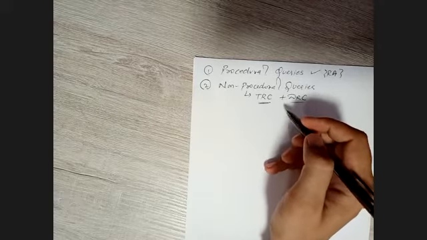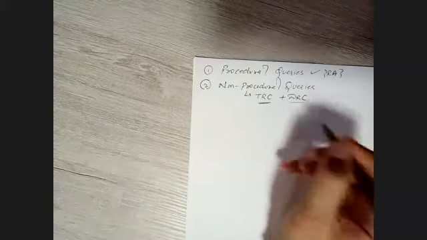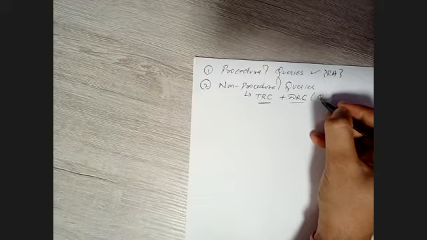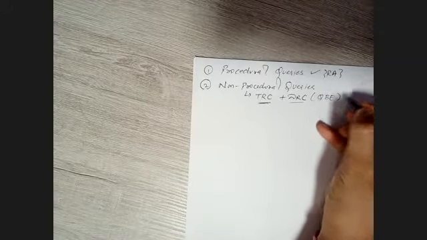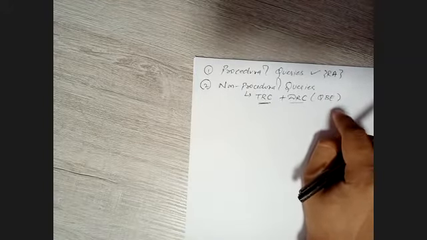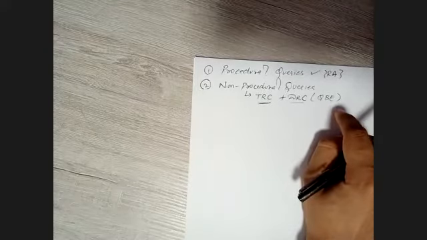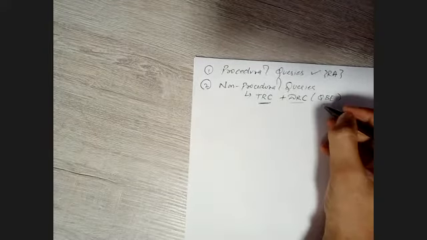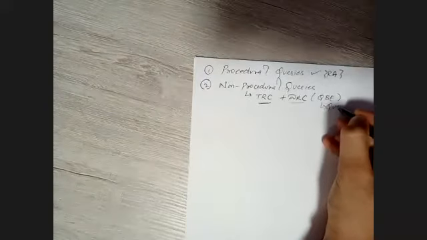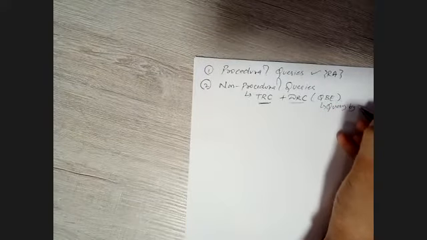DRC, domain relational calculus, almost always uses something called QBE, which stands for query by example.